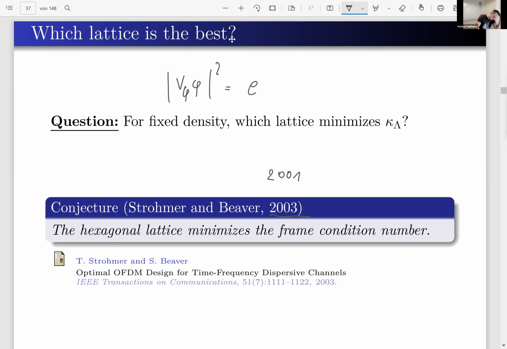And this is just another Gaussian. Since this Gaussian is somehow concentrated on disks, Thomas had the idea to use the theory of sphere packings. It is known that the best possible sphere packing or disk packing in 2 dimensions is given by the hexagonal lattice. And then this is how he came up with this conjecture.